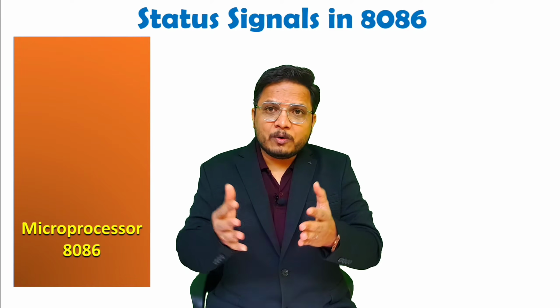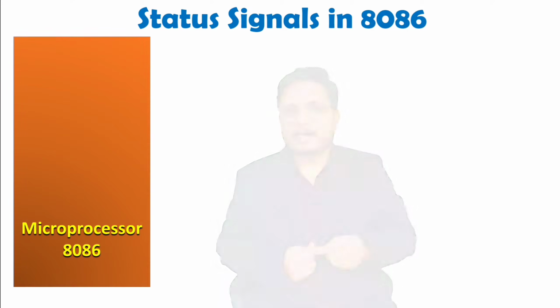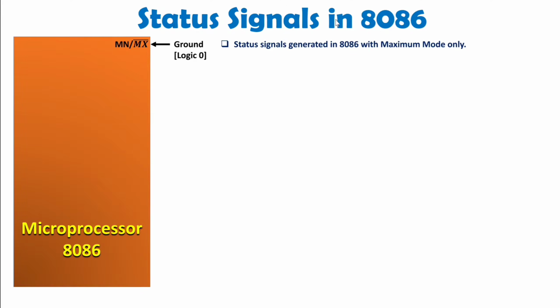Let me explain that with a graphical understanding, so that it gives you a clearer idea. Here, my dear students, you should know status signals are generated in maximum mode only. So here MN/MX bar will be connected to ground to get maximum mode, and here there are three status signals. Those are S0 bar, S1 bar and S2 bar, right?